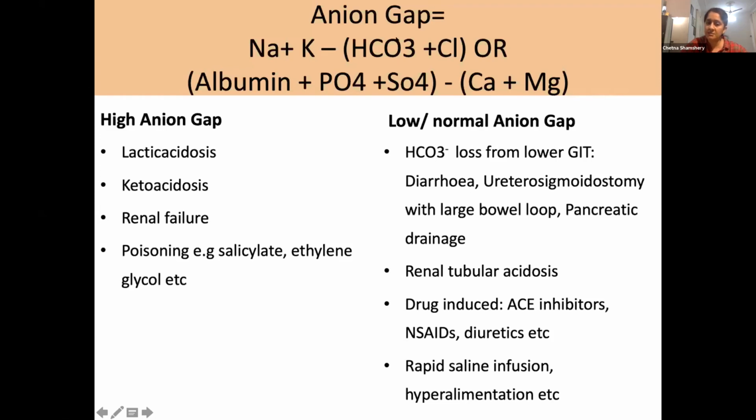Anything that replaces this bicarbonate. So while calculating from the ABG, the bicarbonate values go down, and because we are not calculating all these ions, we say that the bicarbonate values and chloride ions have gone down, the anion gap has gone up. So this becomes your DD. If there is a high anion gap metabolic acidosis, these are the causes that you have to rule out.